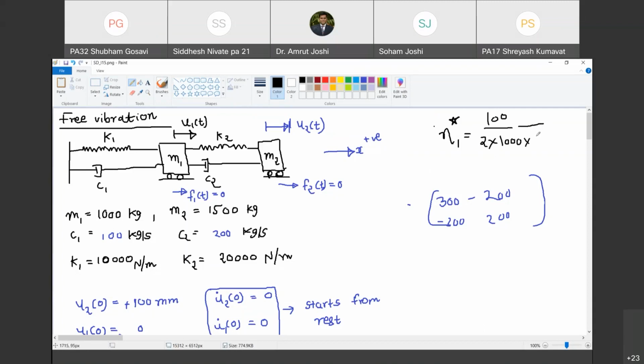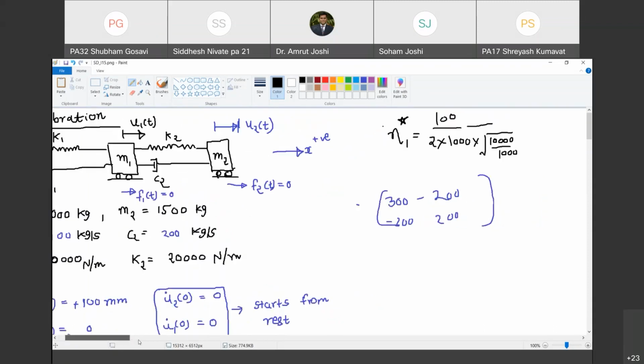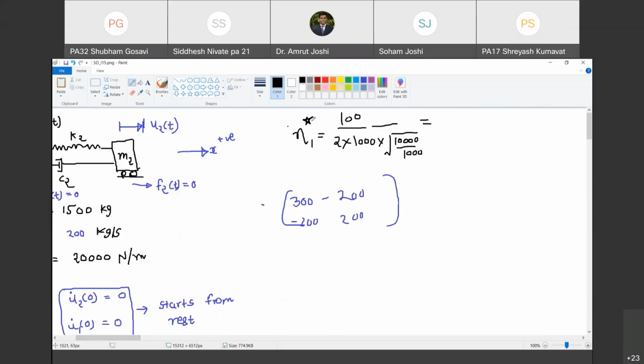And omega is root k by m. So this is 10,000 divided by 1000. Can you tell me how much is this value? 0.158.